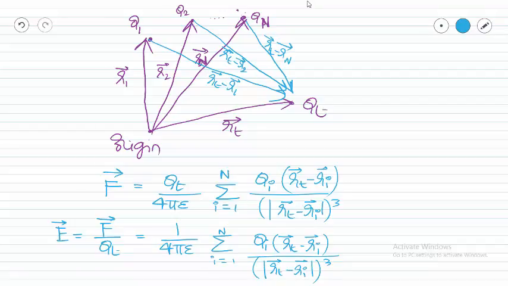So this is the expression for electric field intensity or electric field strength at a point due to n number of charges. If you would like to find out the force experienced by a unit charge at a particular point in space, that is nothing but electric field intensity.